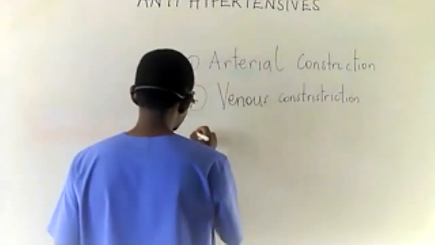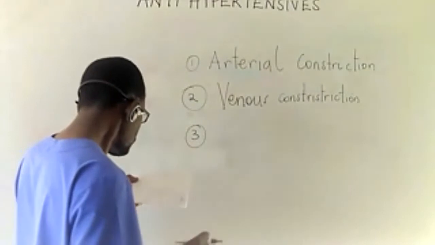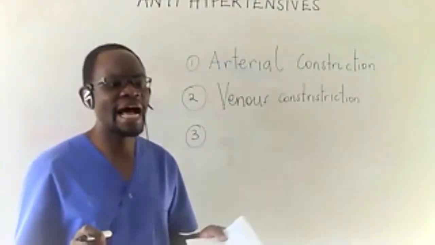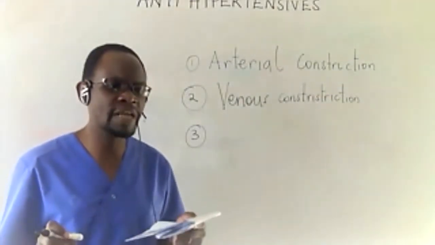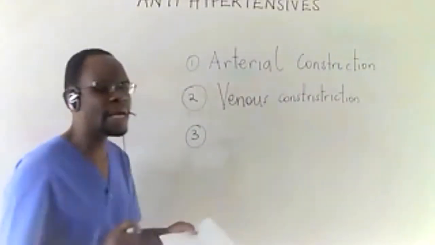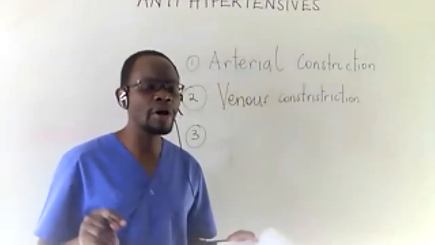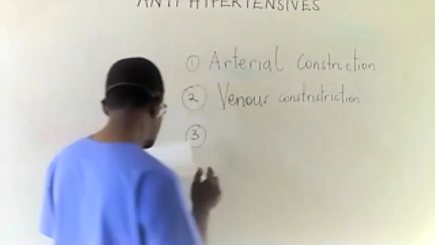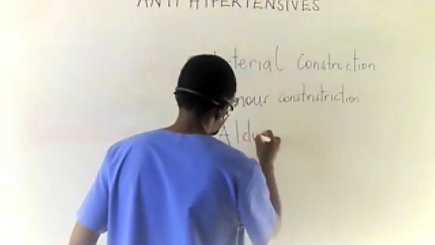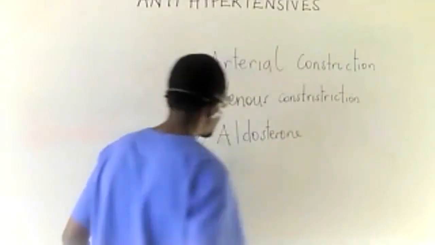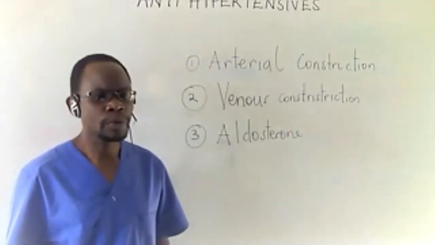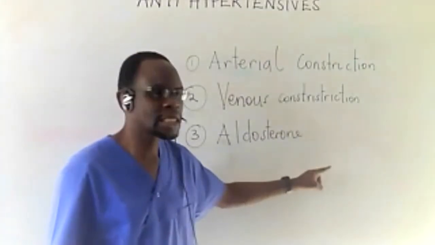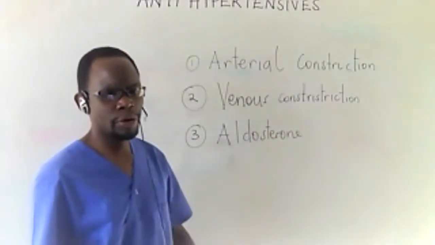Now, it also acts on the adrenal gland, the adrenal cortex, specifically in the zona glomerulosa, to cause release of a hormone called aldosterone. So in other words, angiotensin 2 will act on the adrenal gland, in the zona glomerulosa, which is located in the adrenal cortex, to cause release of aldosterone.